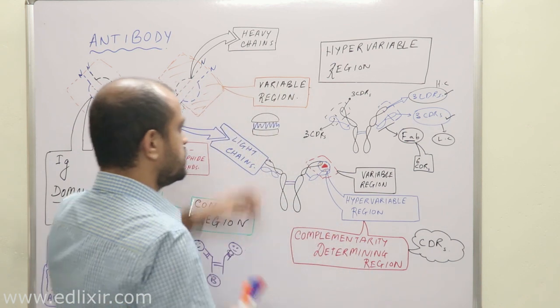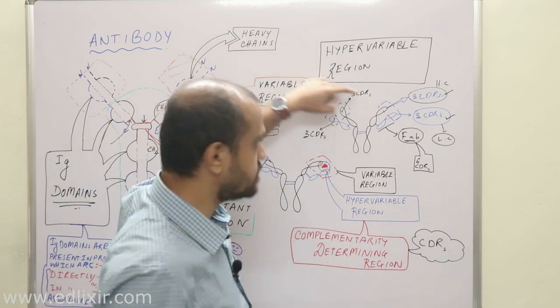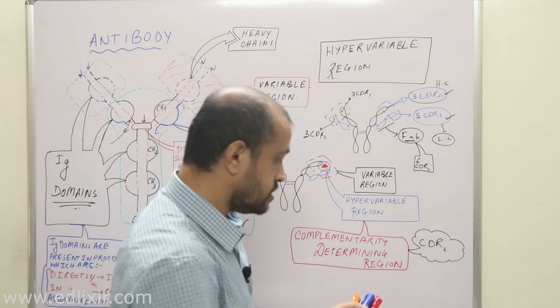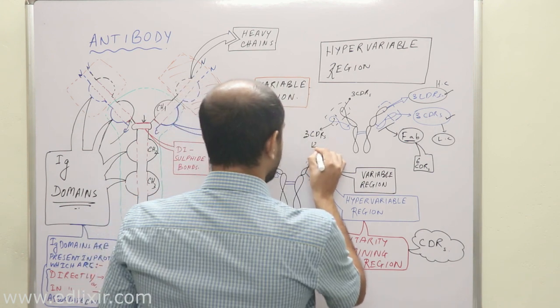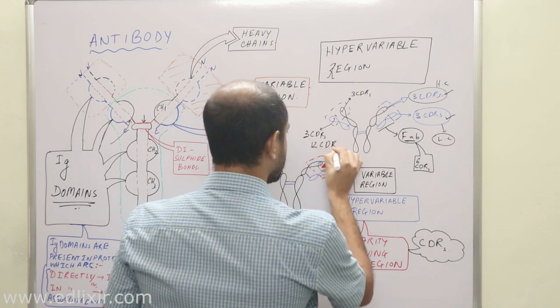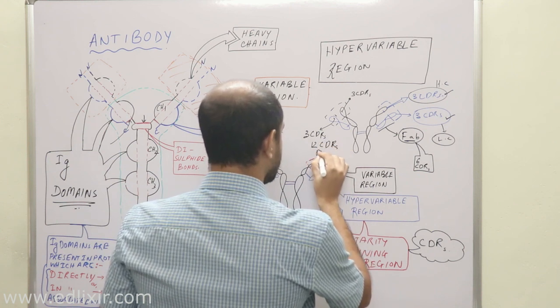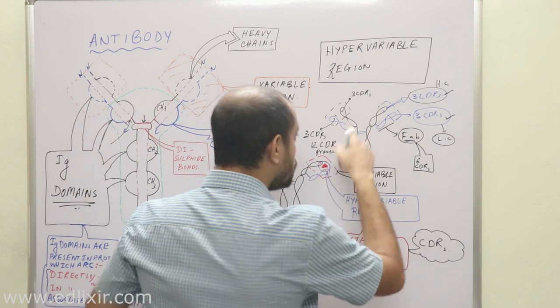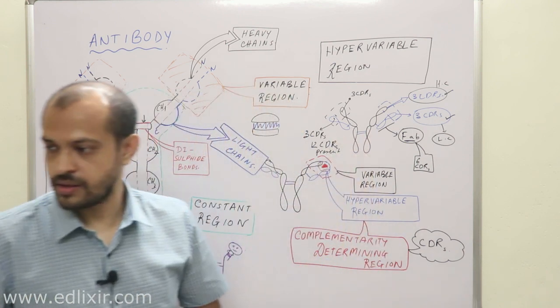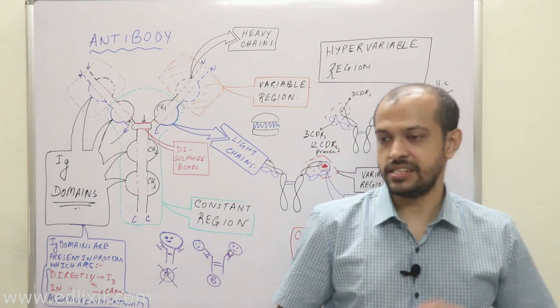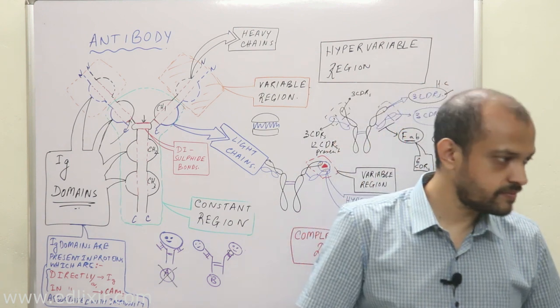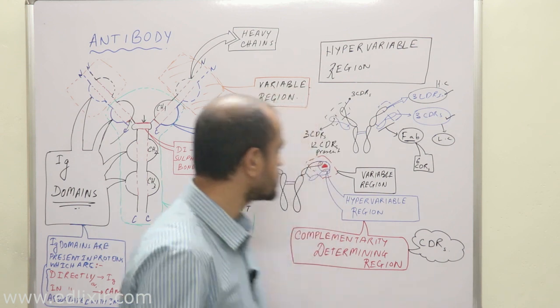Again 3 plus 3 is 6, and 6 and 6 means there are actually 12 CDRs present. There are 12 CDRs present in a normal antibody, or a bivalent antibody. Clear?